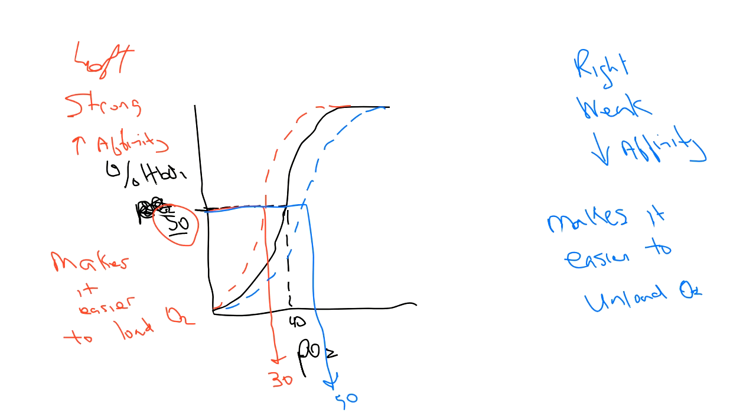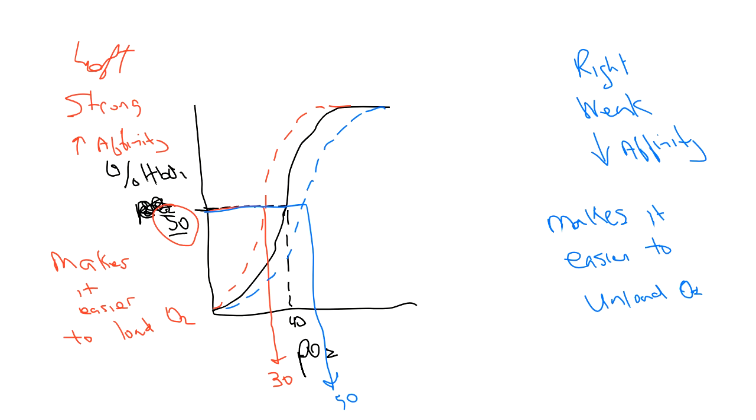So, I move to the left. What does that mean? I move to the left, what happens to affinity? Affinity goes up. If affinity goes up, does it make it easier to load or unload? It makes it easier to load. If I move the curve to the right, affinity goes down.